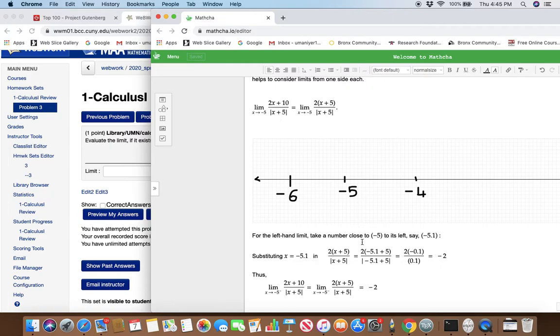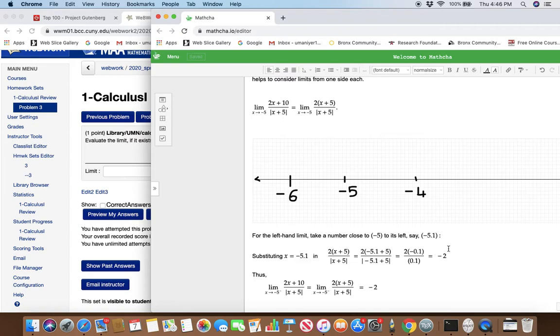Okay, so I plug in -5.1. So what happens to the numerator is I have a -0.1 inside. Denominator is absolute value -0.1. Therefore, because of the absolute value, that negative becomes a positive. In other words, the negative from the top survives.